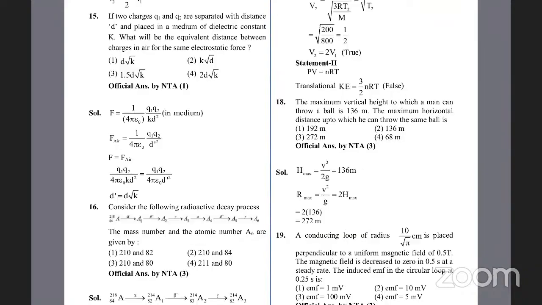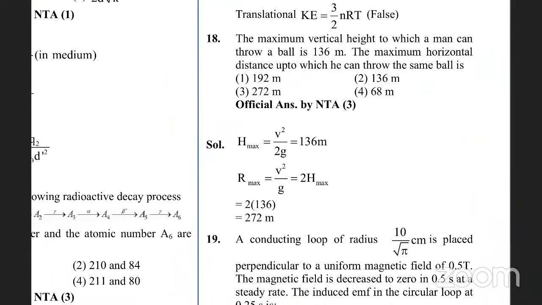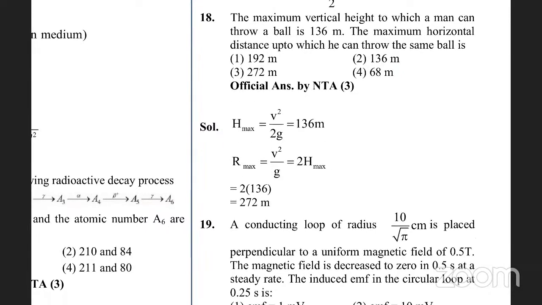Now let us take this 18th question. So here, the maximum vertical height to which a man can throw a ball. For example, when man projects vertically up, the maximum height is u square by 2g.